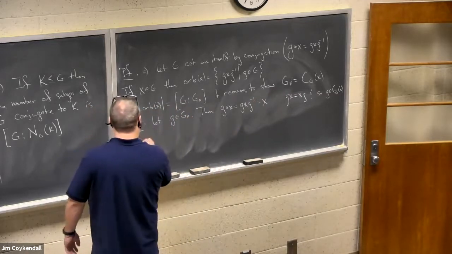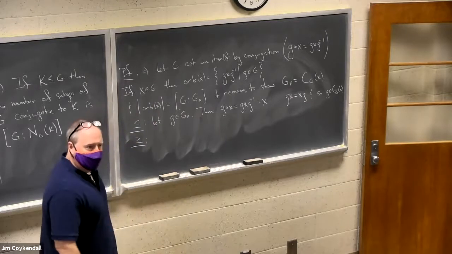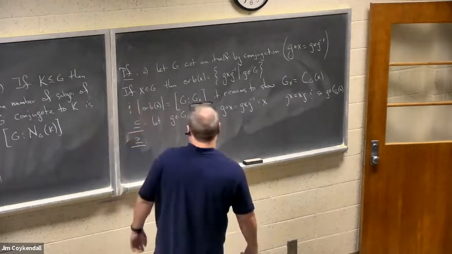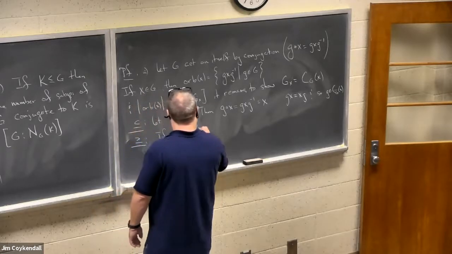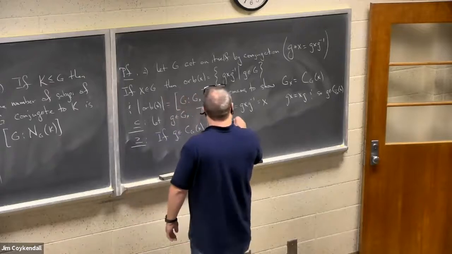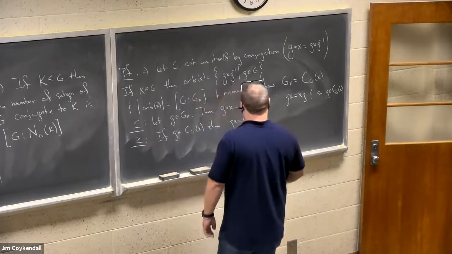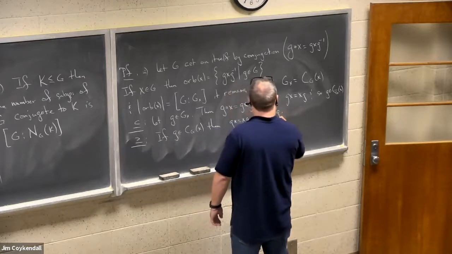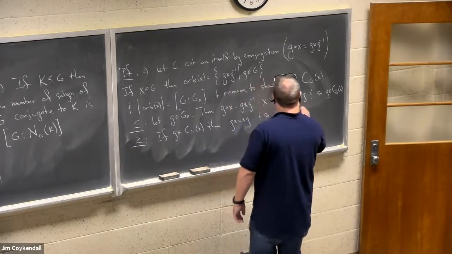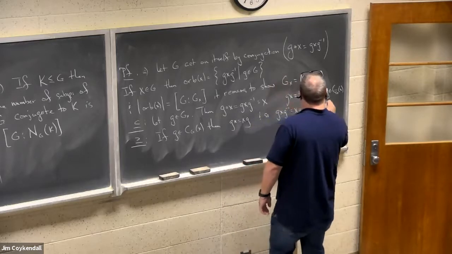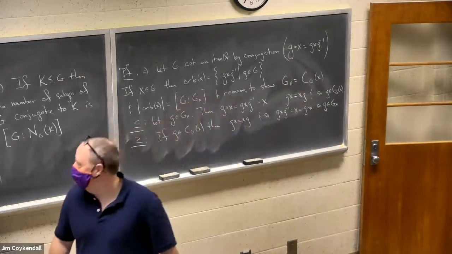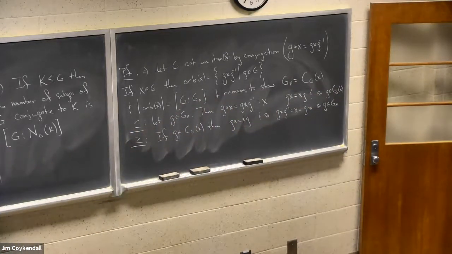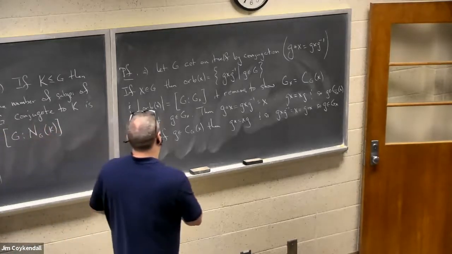On the other hand, I claim that the centralizer of x in G is in the stabilizer. So that establishes part A. And notice I did make the remark, so let me make a note.